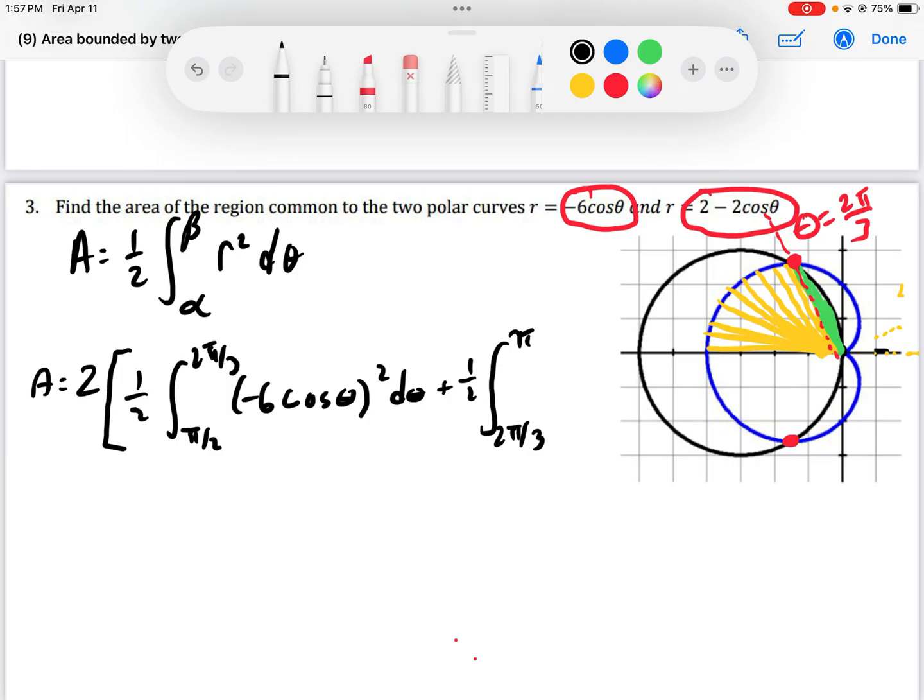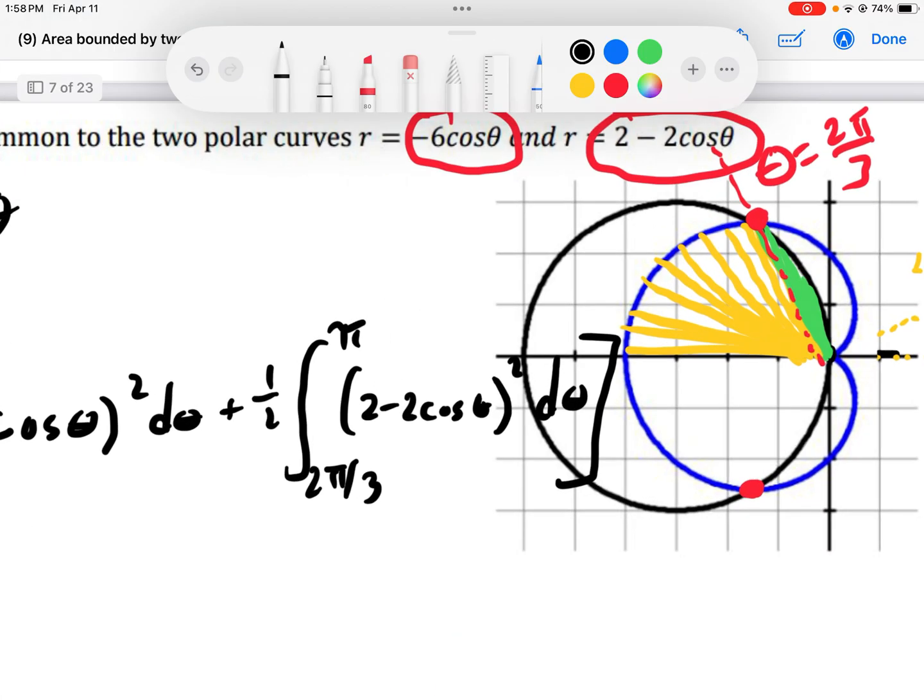It's going to give that little yellow area. And my radius there was the 2 minus 2 cosine theta squared d theta. Plug that all into the calculator and we get 15.708.